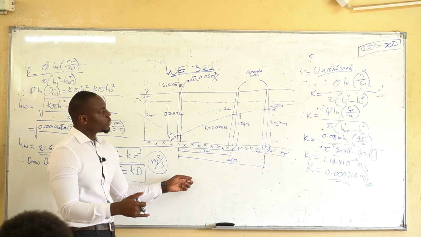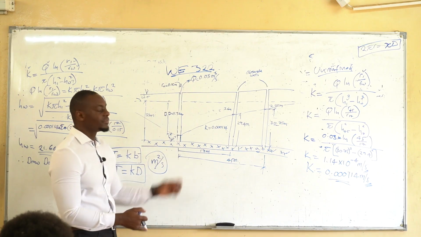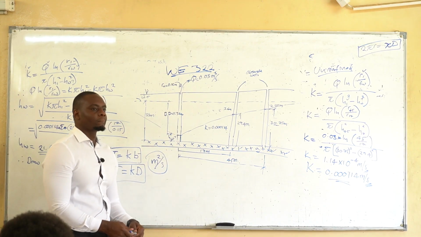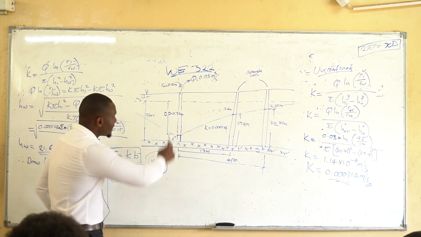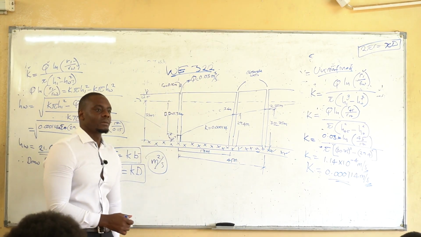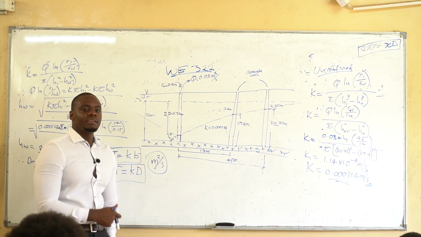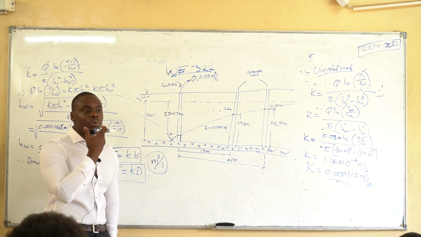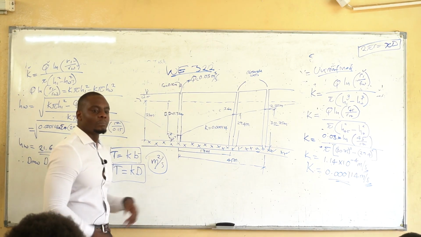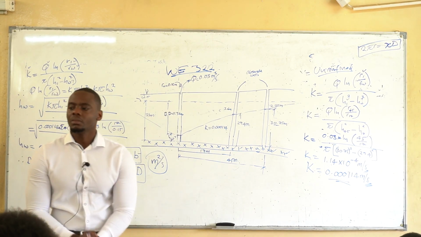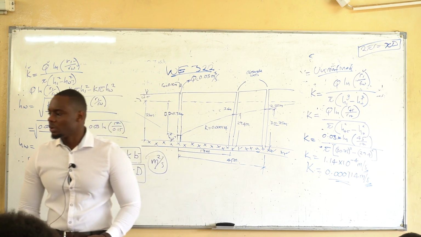So you need to know what works for your formula and how to get it from there. For this question, diameter was 0.3. That's why we're ending up here as a radius. But if a question says your radius is 0.3, then you still maintain the 0.3 that was there. Just pay attention.